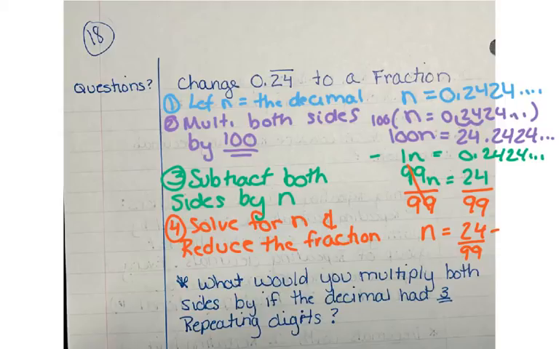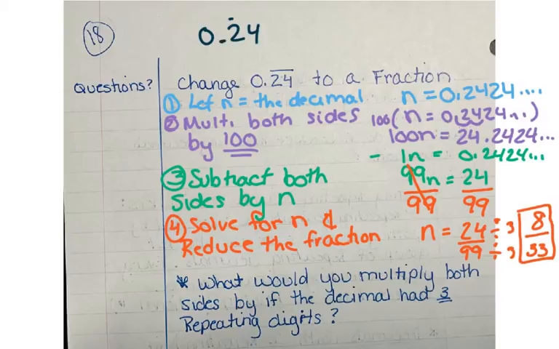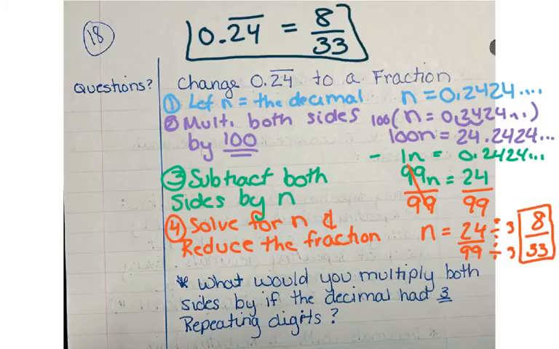Hopefully you can recognize that 3 does. So this is 8 over 33. That means 0.24 repeating is the same thing as 8 over 33. You can always check to make sure you did it right by dividing 8 divided by 33 and making sure you get a repeating 24.